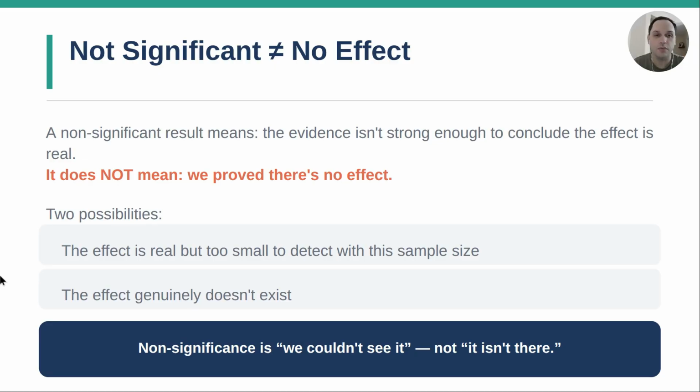A p-value above 0.05 tells you the evidence isn't strong enough to conclude the effect is real. It doesn't tell you we've proved the effect doesn't exist. That distinction matters enormously for how you interpret and communicate results, especially when a test comes back non-significant and stakeholders want to draw strong conclusions from it.